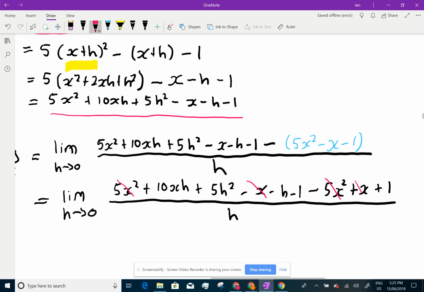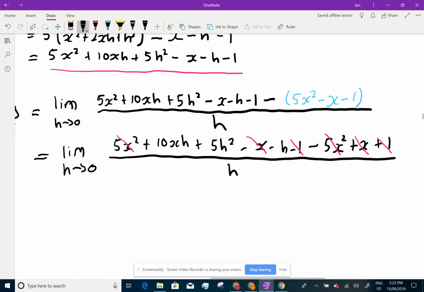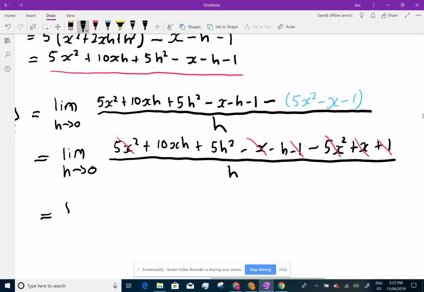The minus x and the plus x goes. The minus 1 and the plus 1 goes. So now all I have on the top are things that have an h in them. I've got a 10xh plus a 5h squared minus h. They're the only things I've got left.